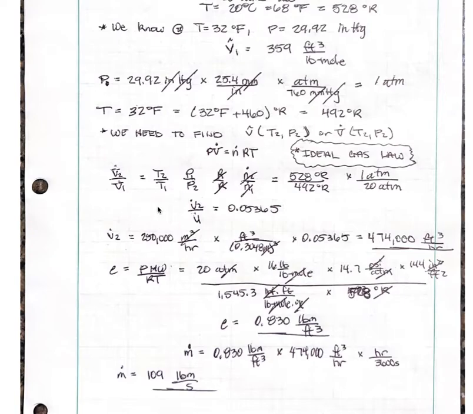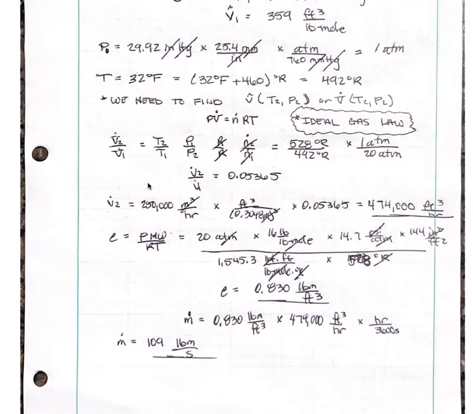Now here, y'all know what's going on right here. We took the PV equals nRT at one state, then divided by PV equals nRT at another state, at point 1 and at point 2.